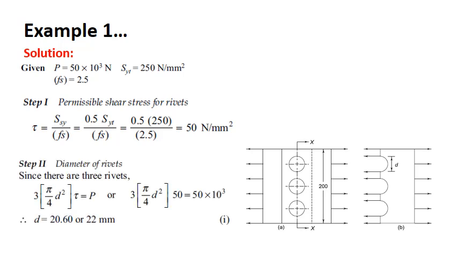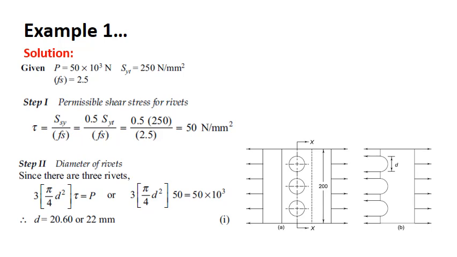Please note that there are 3 rivets, so the load will be equally distributed. So P by 3 by the cross-sectional area of the rivet. They have just rearranged here: 3 into cross-sectional area pi by 4 d square into permissible stress tau equals the load. Substitute the respective quantities and solve for d. You will get d.